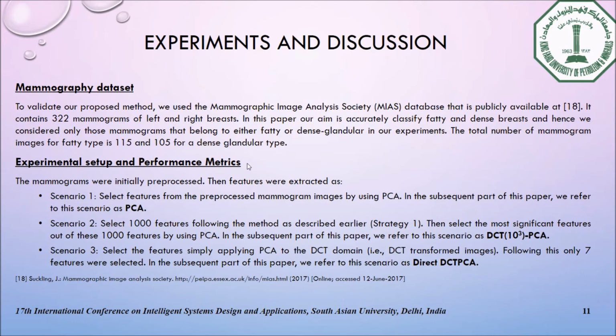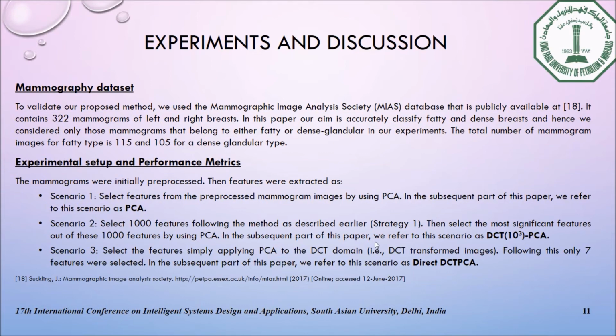In the experimental setup, the mammograms were initially pre-processed, and then features were extracted in 3 scenarios. In scenario 1, we select the features from the pre-processed mammogram by using the PCA, and in the subsequent part of this paper, we refer to this scenario as PCA.